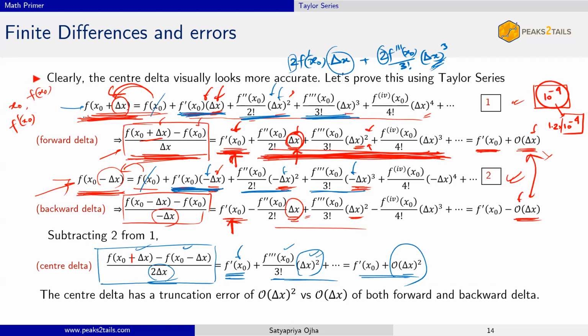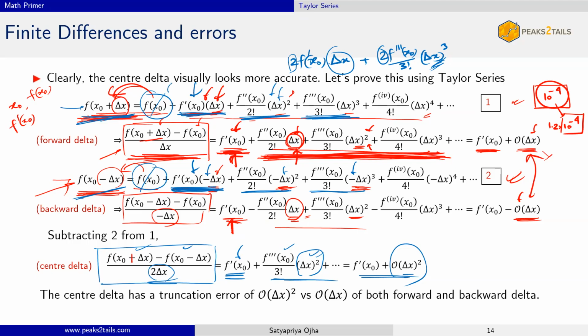So let's see. f of x0 plus delta x plus f of x0 minus delta x is equal to 2 f of x0. This term and this term will cancel because f dash x0 delta x and f dash x0 minus delta x will cancel. We're just adding these two series.